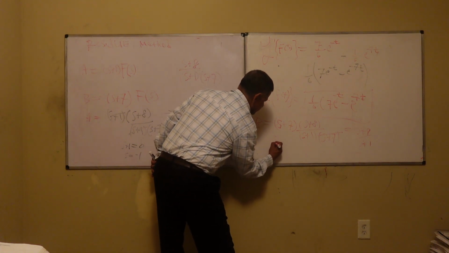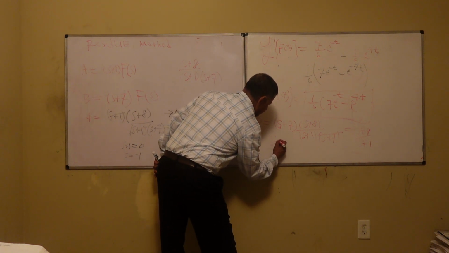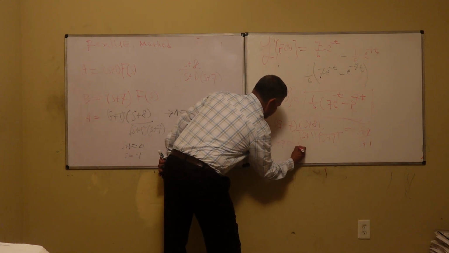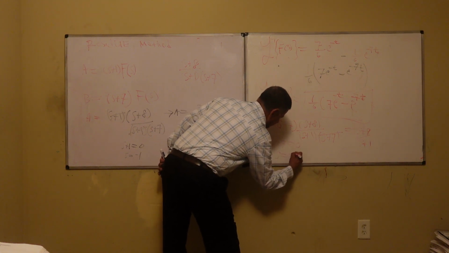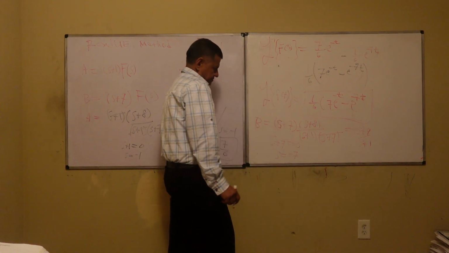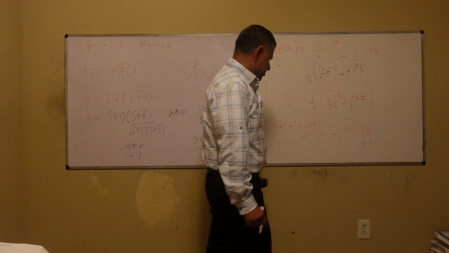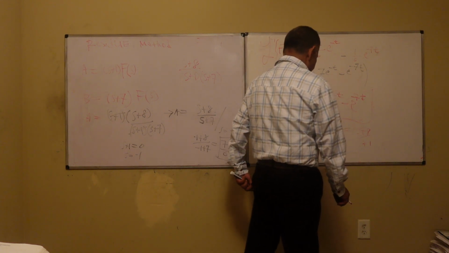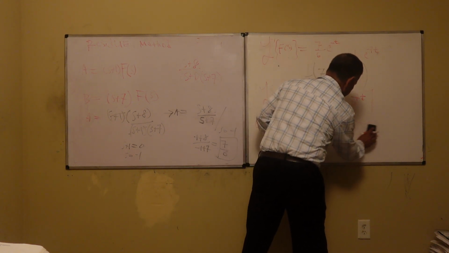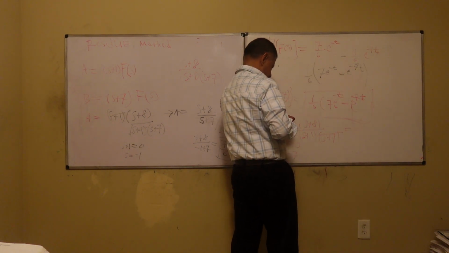S plus 7 equal to 0, so S is equal to negative 7, isn't it?